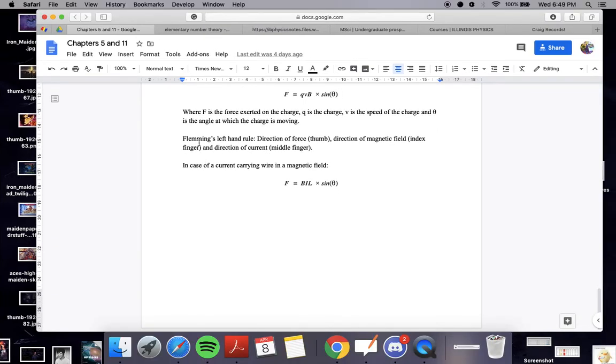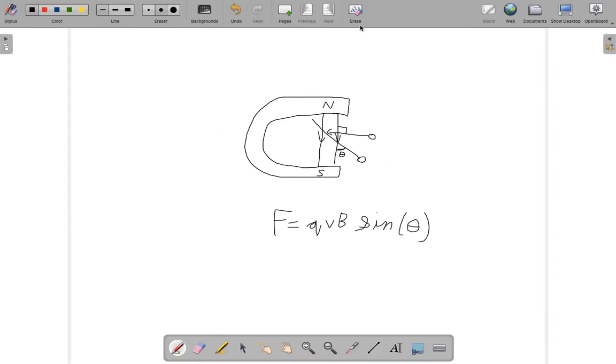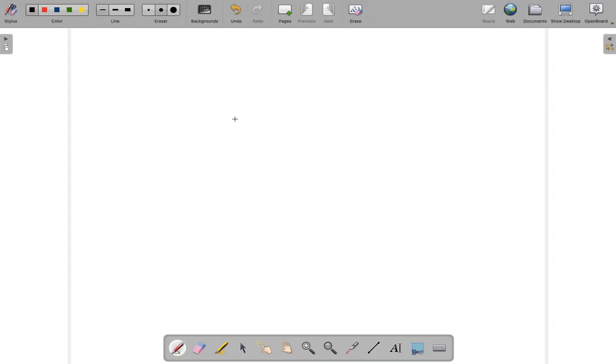Now we have Fleming's discoveries. Let's say we have a magnet over here, with N and S, and it has field lines going like this, and you have a wire that's sending current through it.